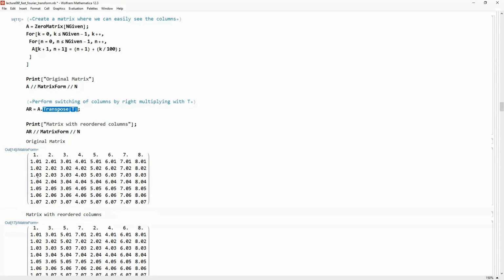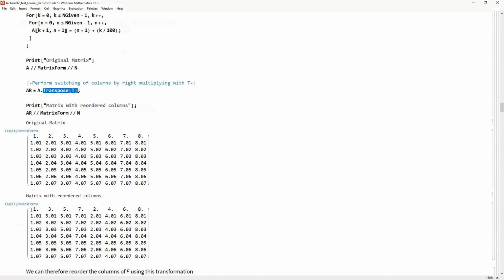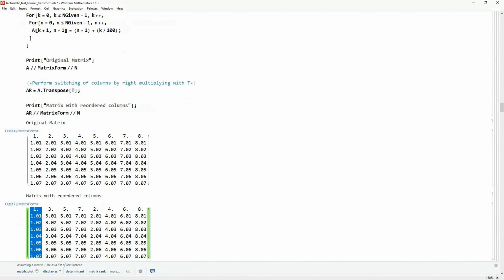We were calling them the even indices, but that's because we were in a zero-based indexing system. You can see it pulls out the 0th, 2, 4, 6 columns, followed by the 1, 3, 5, 7 columns. It just reorders it. So great, that T matrix is totally working.